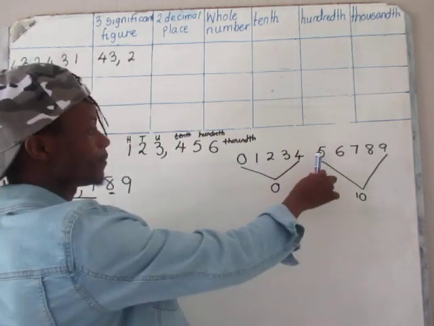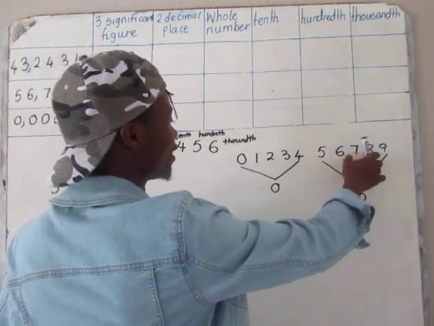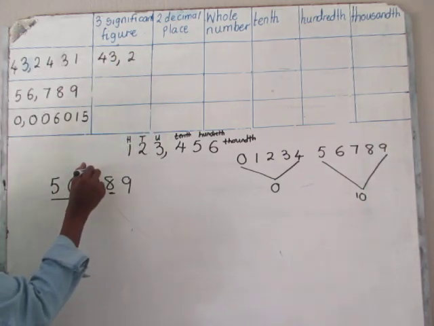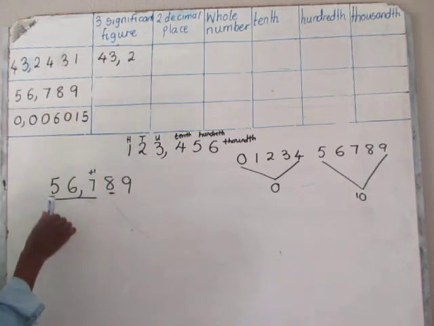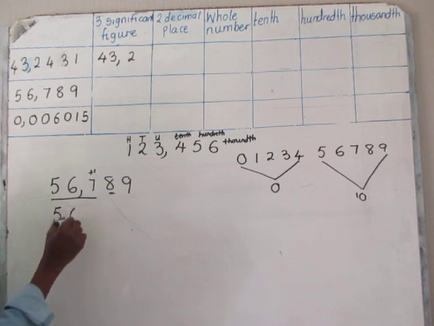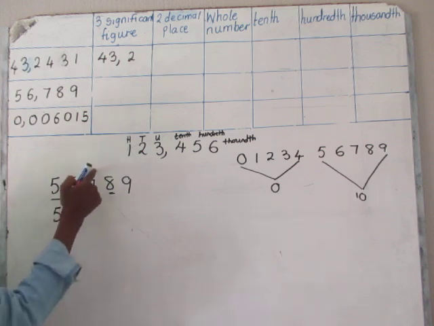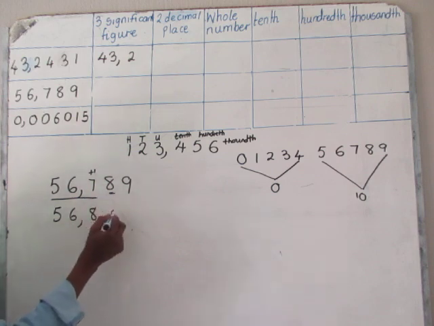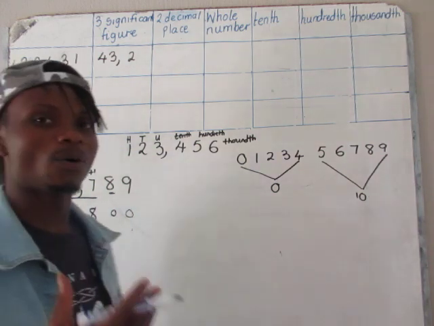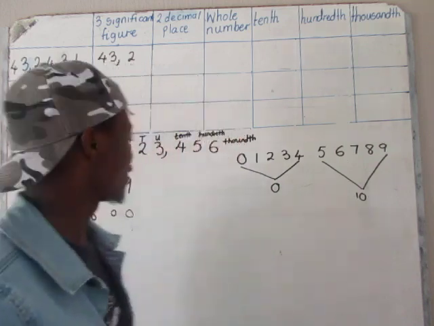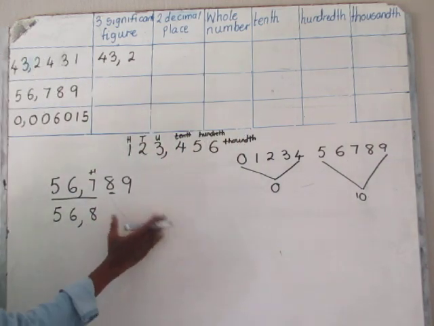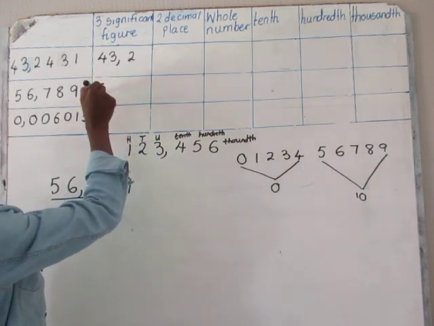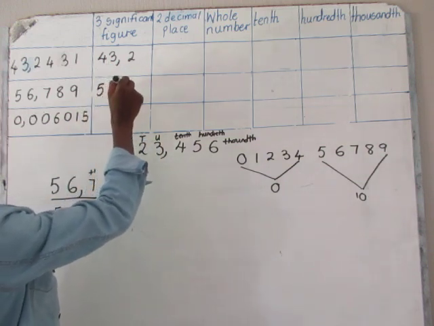From 5 up to 9 they round to 10. So we say plus 1. So this is going to be 56.7 plus 1, that becomes 56.8. The rest become 0, 0, and we are only interested in three significant numbers, so we don't write them. So that's going to be 56.8.